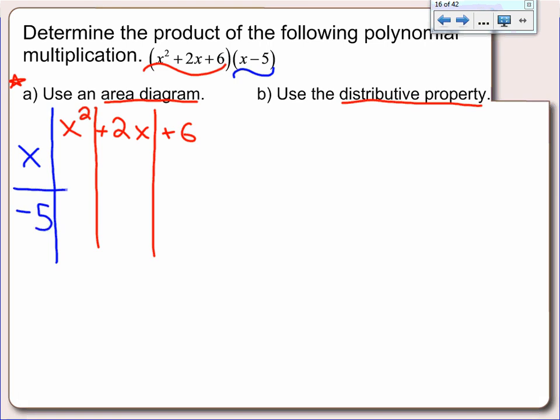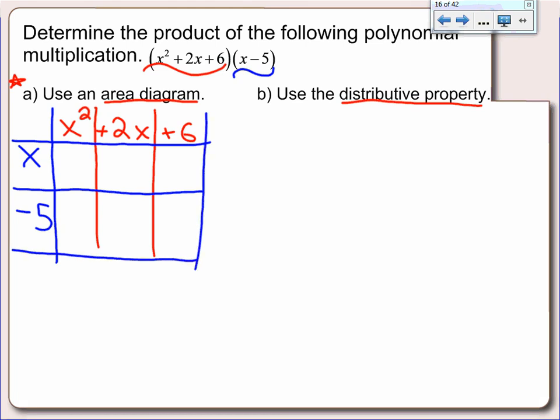Notice that my negative sign stayed with my 5. And now you'll see we have all these little squares, right? There's 6 little squares here, and we need to fill those 6 squares. We fill those 6 squares by multiplying the column and the row together.